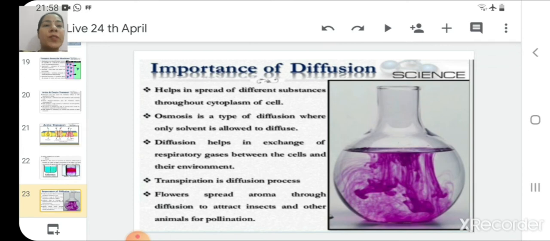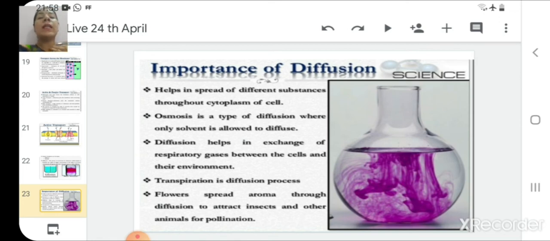Now, importance of diffusion. Diffusion is used in our day-to-day life, and it is also used for transport in our body. You know that we inhale oxygen and we exhale CO2. So how do CO2 and O2 go in and out of the blood? Through the diffusion process only.